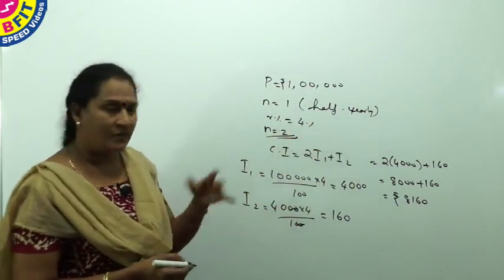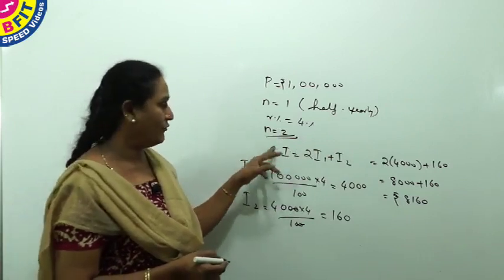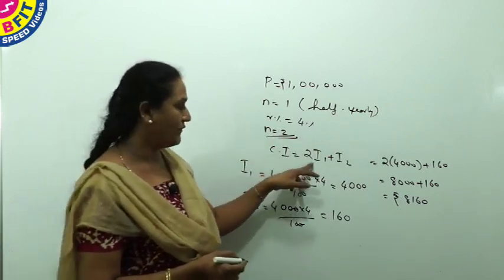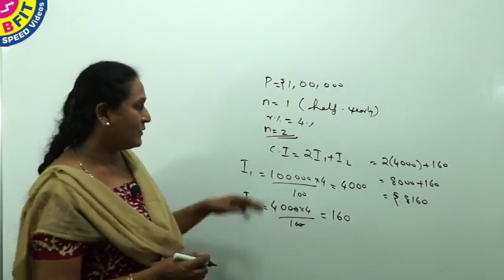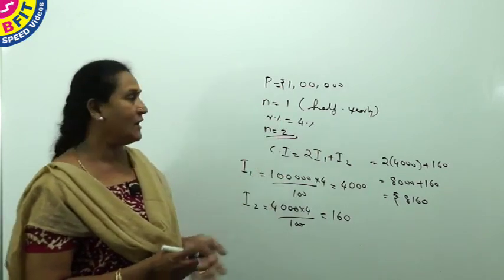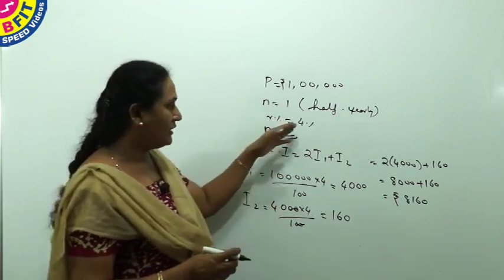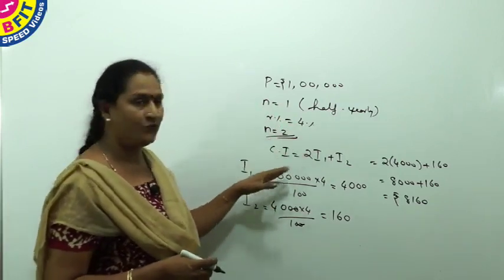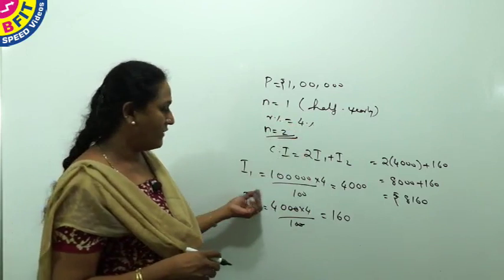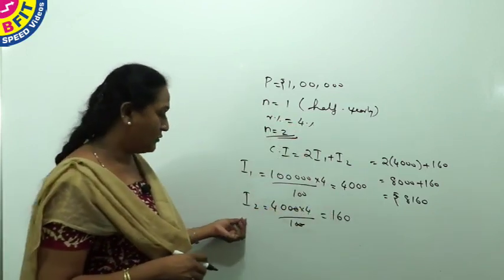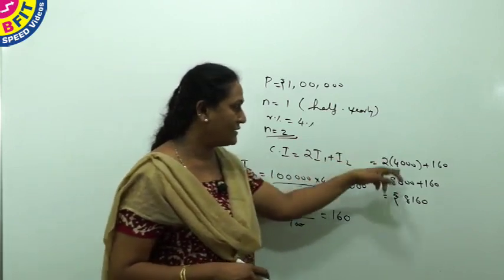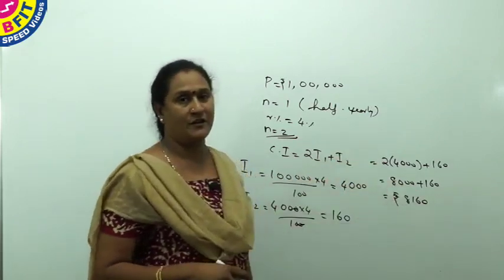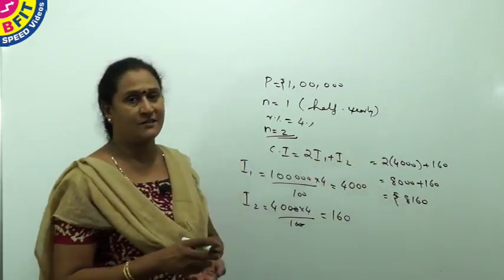Though it is for 1 year, as it is half yearly, the period is 2, so we can use the same I1, I2 for n equal to 2. So 2I1 plus I2 will give you the compound interest for 2 periods. When the rate is given as 8% per annum, we take half the rate for half yearly, 4%. Now I1 is 4,000 and I2 is 4% of 4,000, which is 160. Multiplying I1 by 2 and adding I2, the compound interest is 8,160.